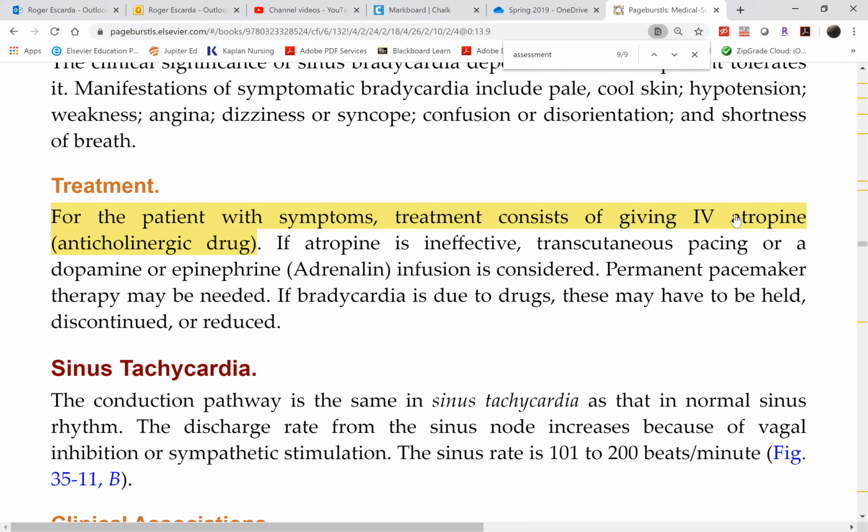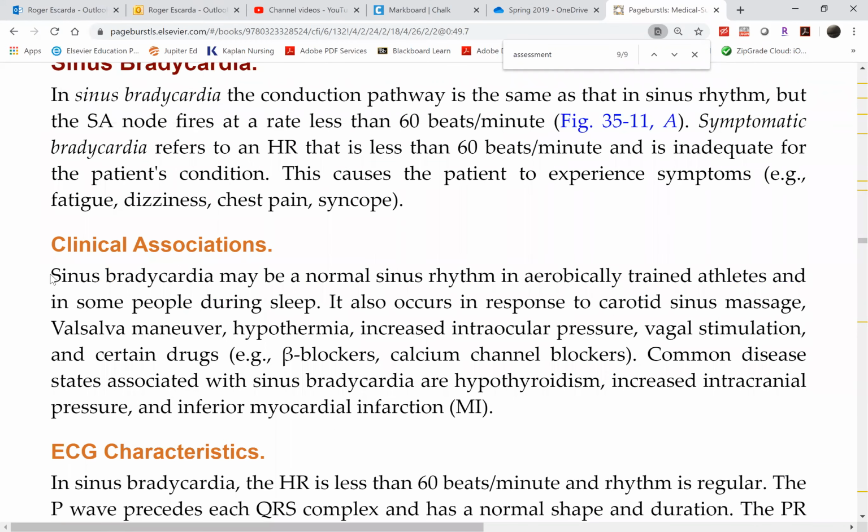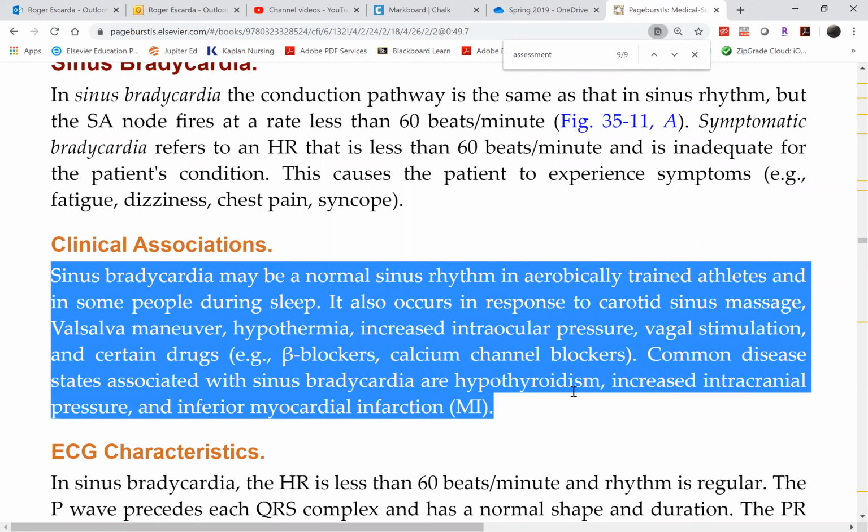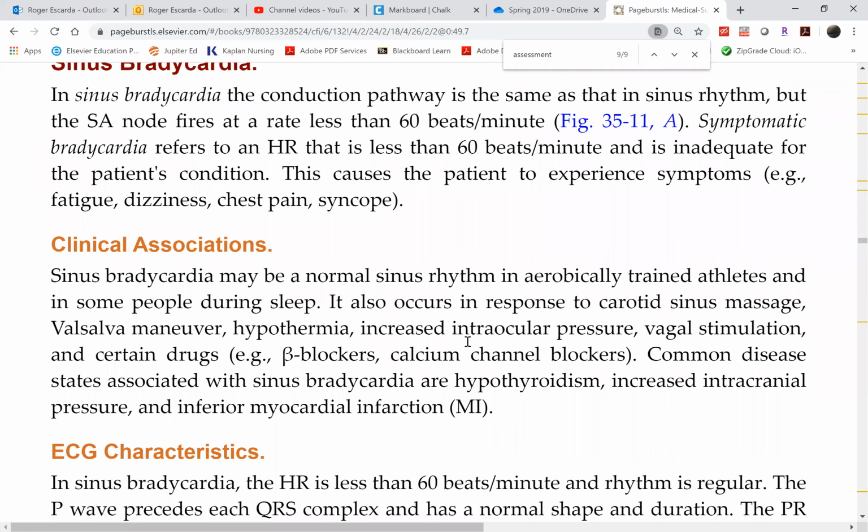And the treatment is IV atropine. Otherwise, if they have no symptoms, it doesn't mean we leave the patient's sinus bradycardia alone. We look at the clinical associations. So if some of these causes are present, let's say the patient's on beta blockers, maybe the patient is constipated, or maybe the patient has hypothyroidism. These are the common causes of sinus bradycardia.